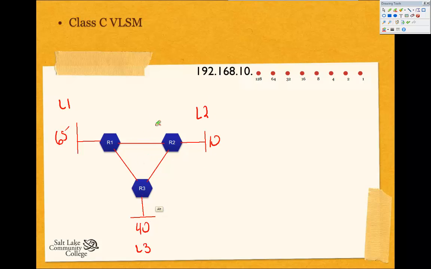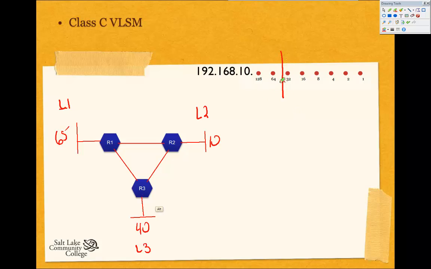So now, once again, we follow our rules. What's the rule? First rule is we're protecting host bits, not worrying about networks. We're going to start with the largest network first, which is LAN 1 over here. So 65 users, how many bits do I have to protect to get to 65? So 2, 4, 8, 16, 32, 64. I draw my line right here.